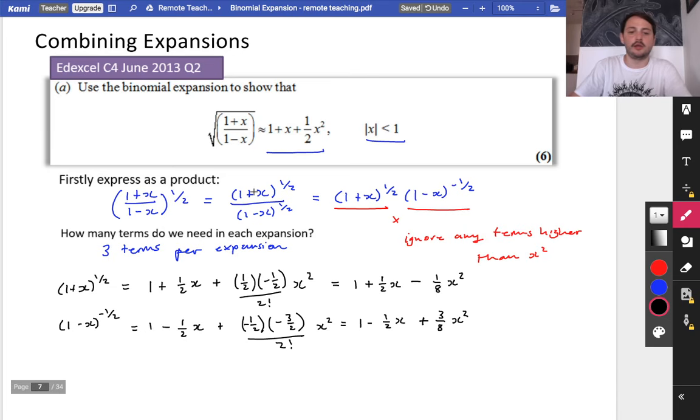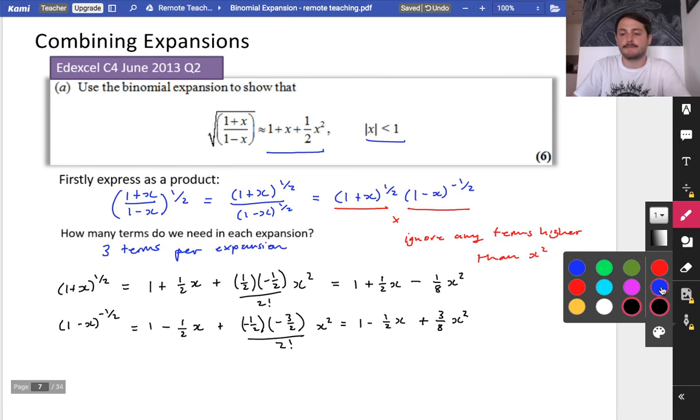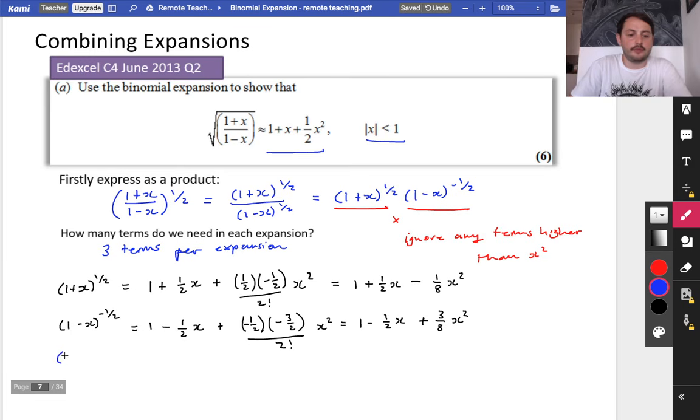Okay, so now we know that these two things being multiplied together, 1 plus x to the half and 1 minus x to the minus a half, are approximately equal to this thing multiplied by this thing. So that's 1 plus a half x minus an eighth x squared, multiplied by 1 minus a half x plus 3/8 x squared.